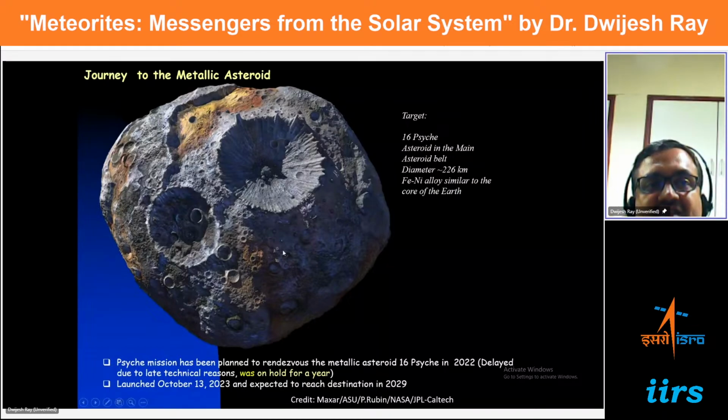There is no silicate, though there could be silicate inclusions, but the majority will be iron-nickel alloy. This was thought to launch a few years back, but was on hold for a year due to a technical glitch. It was launched last year and is supposed to reach there in 2029. So we have to wait another 5 years to get information about this metallic asteroid.